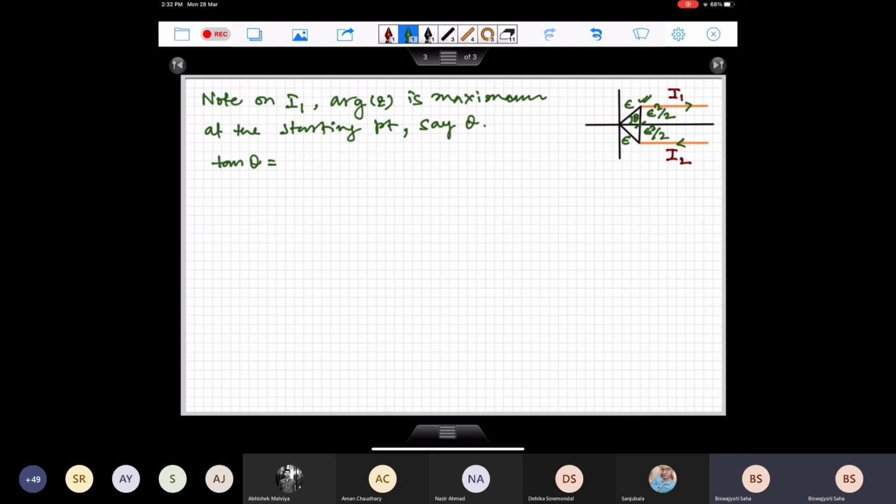Therefore tan theta is nothing but epsilon by 2. So that's my tan theta, and if that is tan theta, then what do I get effectively? Did I do it correctly?